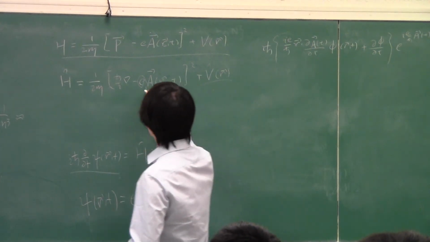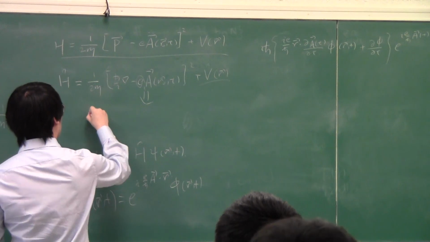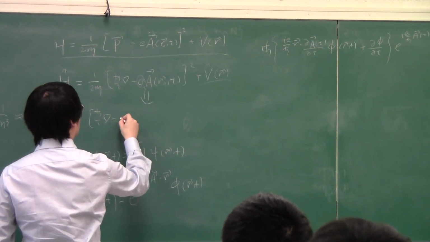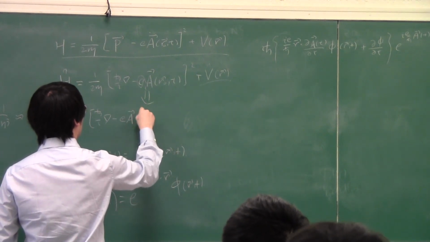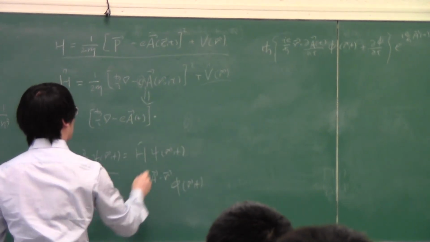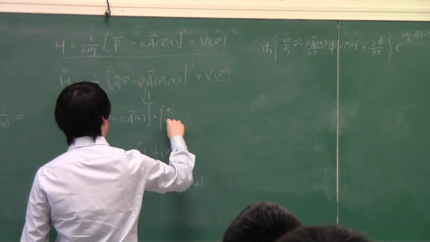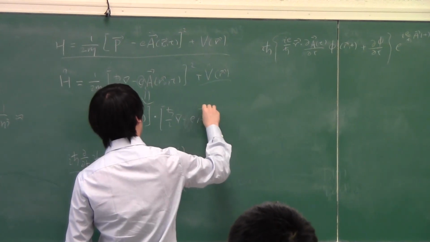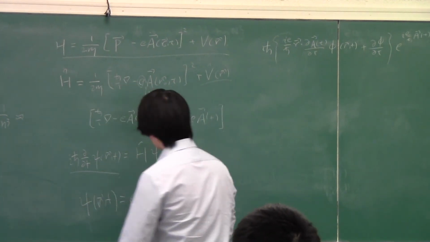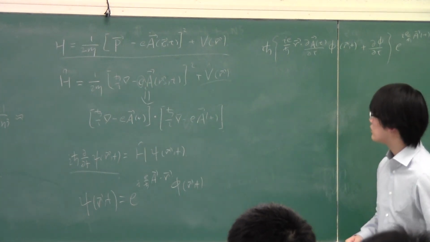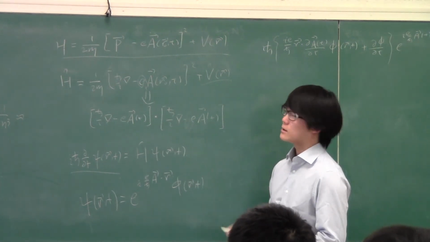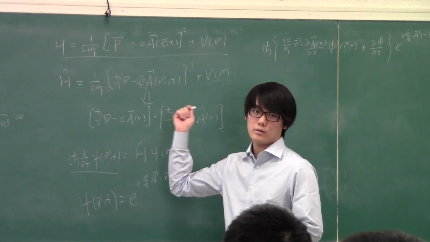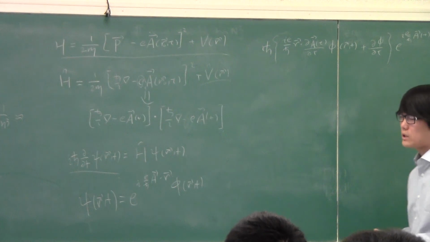This expands it to what? h bar over i minus h bar over i. Expand it to this, right? So we can interpret this as the gradient, but you need the divergence here, because normally in the Schrodinger equation you get the equation.